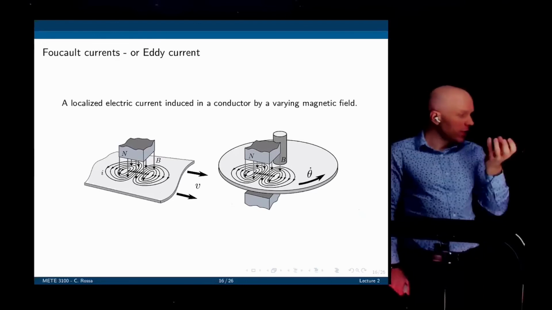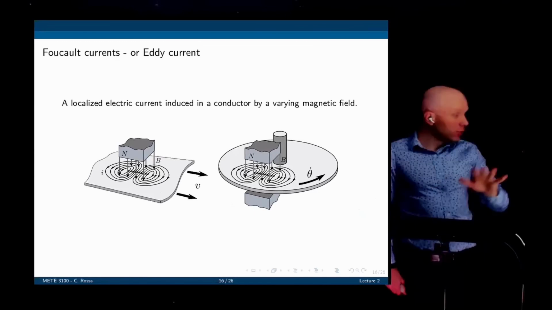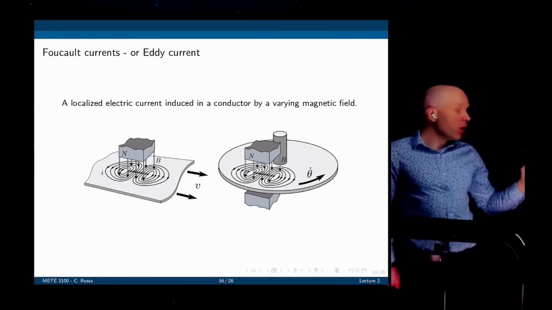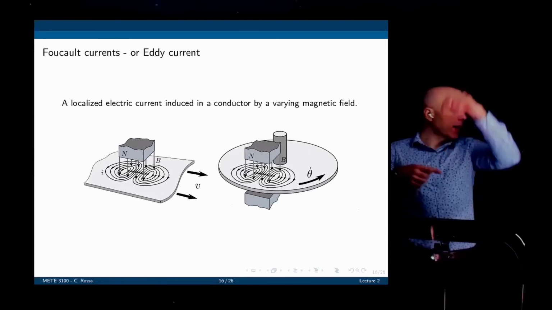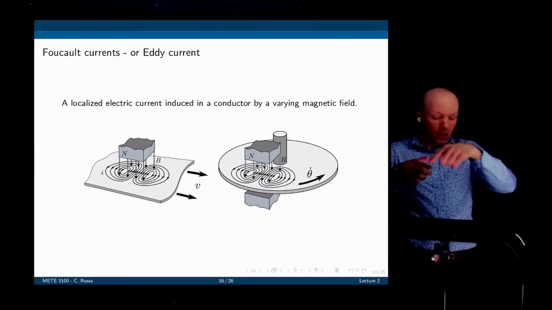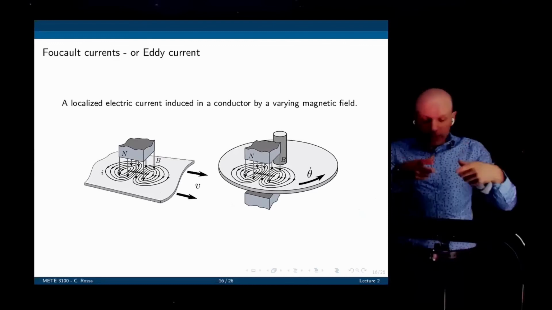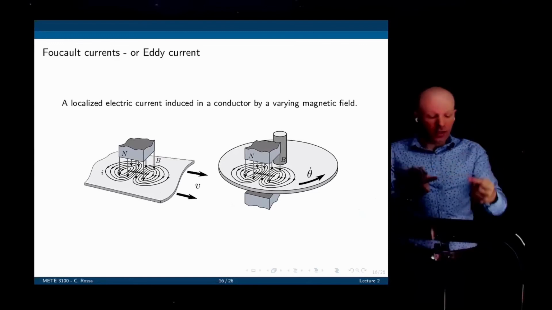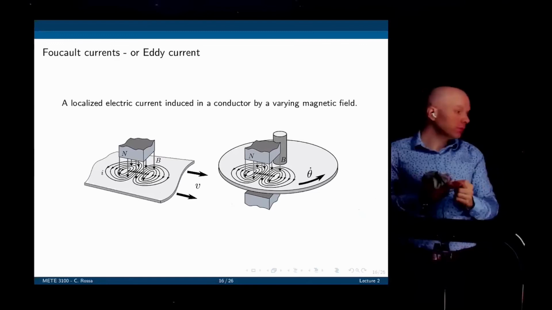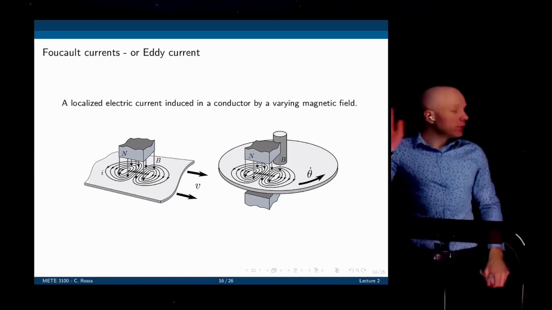So there is no difference from this to the first example that we saw, where you had a wire and a magnet going up and down that will create a current. Here it is the same. These currents will actually be created within the material itself. They will find their own closed path and will establish there. So there is basically no difference compared to the first example. It's just that here, instead of a wire, we have a material.